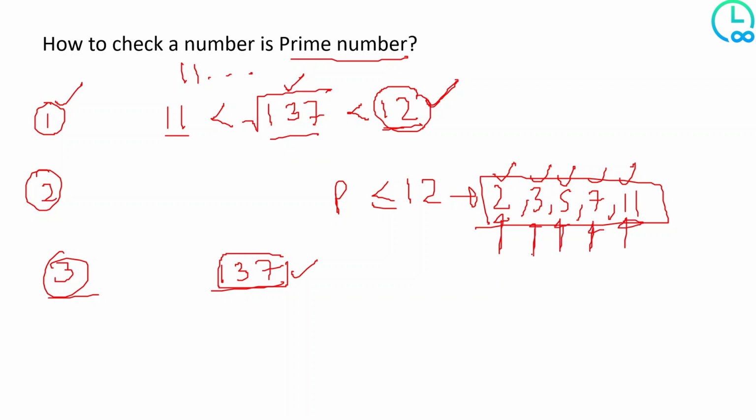If it is not divisible by any of these prime numbers, then the given number is a prime number. Now suppose if it gets divisible by some number, then this will not be a prime number. Is this clear? These are the basic 3-4 steps. I hope you are able to understand. This is the question: you need to find the number of prime numbers below 1000, that are 168.